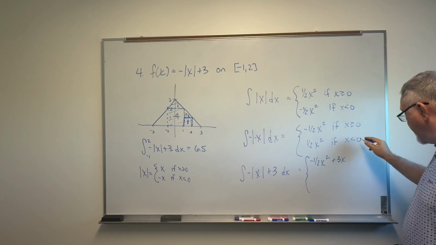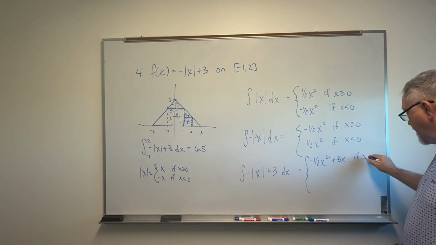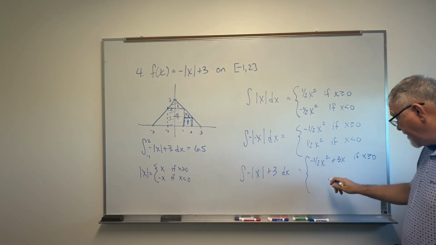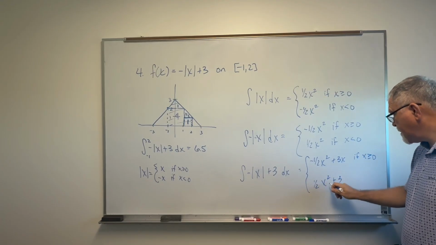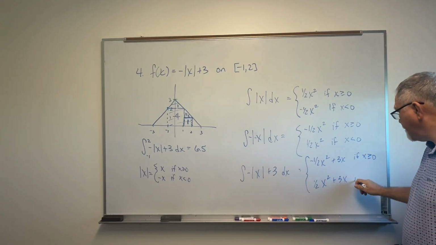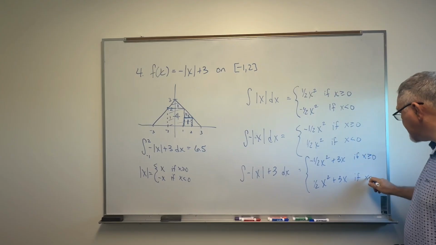And then we have if x is greater than or equal to 0. Then finally 1/2 x squared plus 3x if x is less than 0.